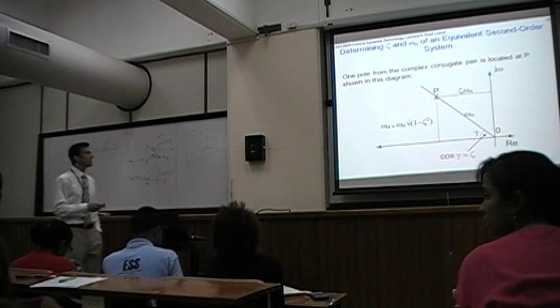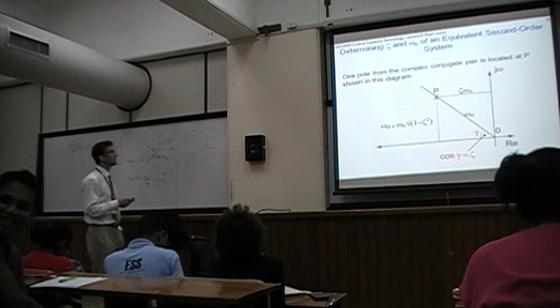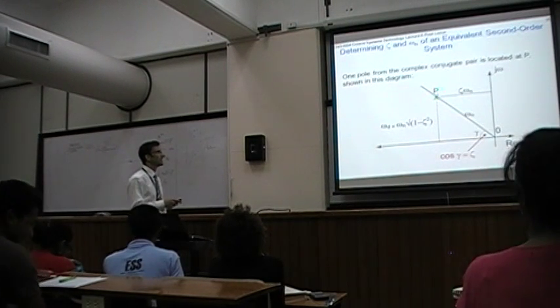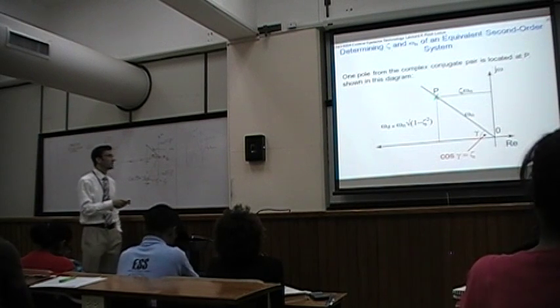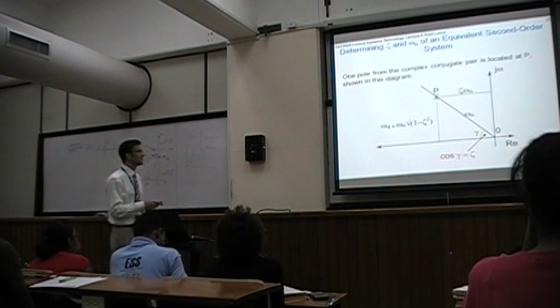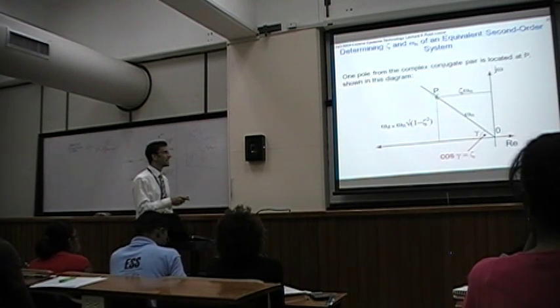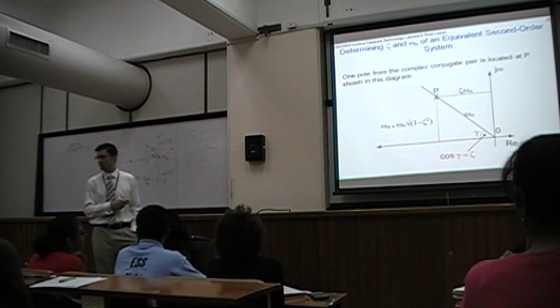So one pole of the complex conjugate pair is located at P, as shown in this diagram. So here's P, a distance omega n, and omega n root 1 minus zeta squared. We call this omega d, which is our damped natural frequency.